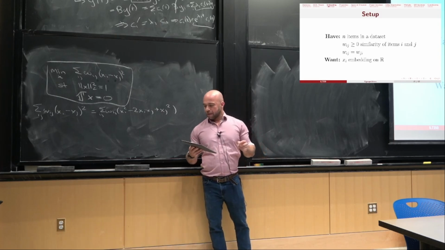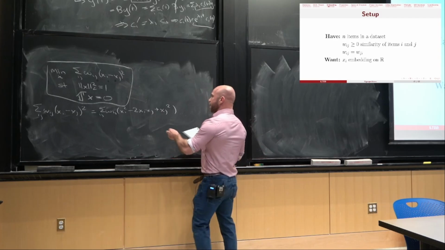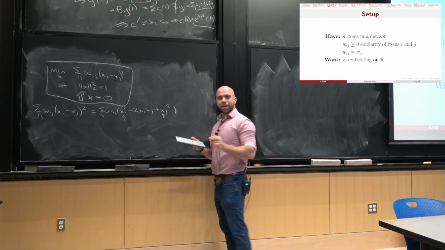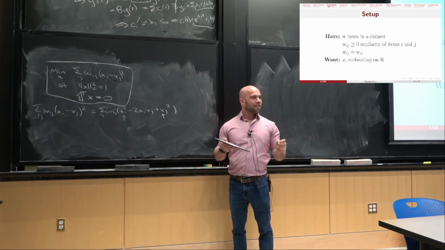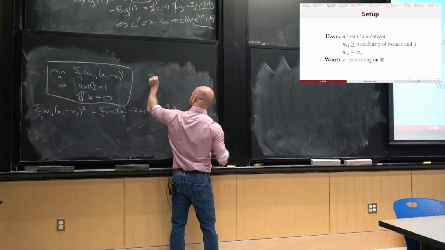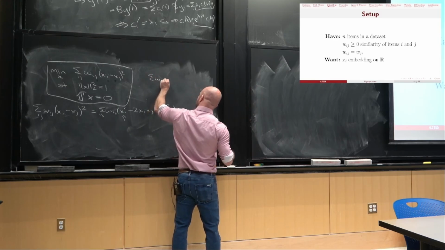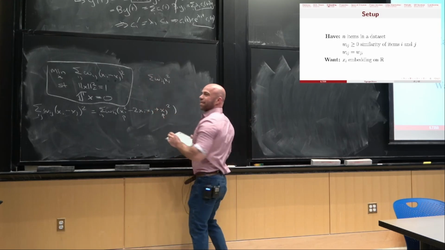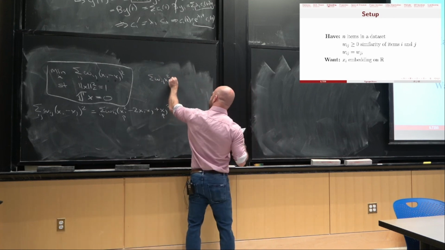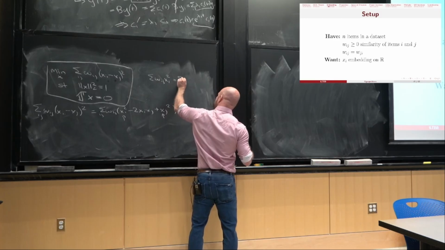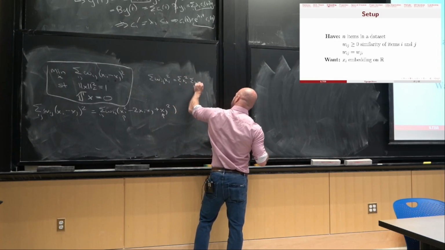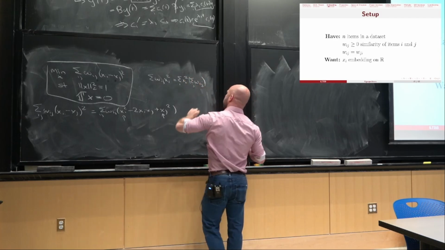Now, here's a nice thing. Because the W is symmetric, what do I really have? Something like the sum of wij xi squared. So I can separate off my sum and say that this is the sum over i of xi squared, sum over j of wij. Does that make sense?